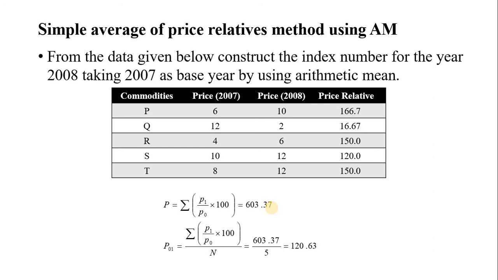Now what you have to do? You take the average of these. 603.37 divided by 5 is equal to 120.63. So what you have to say?